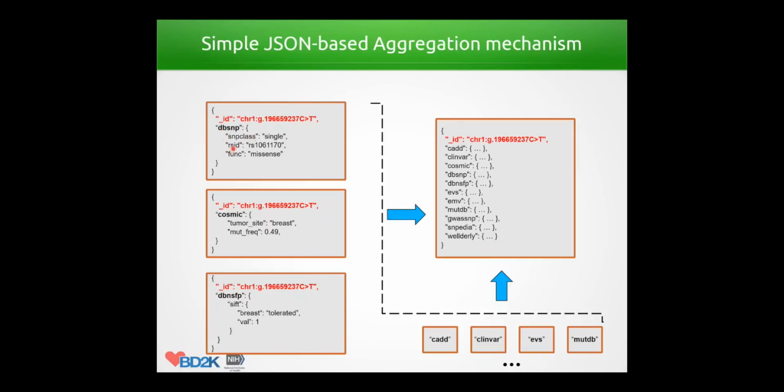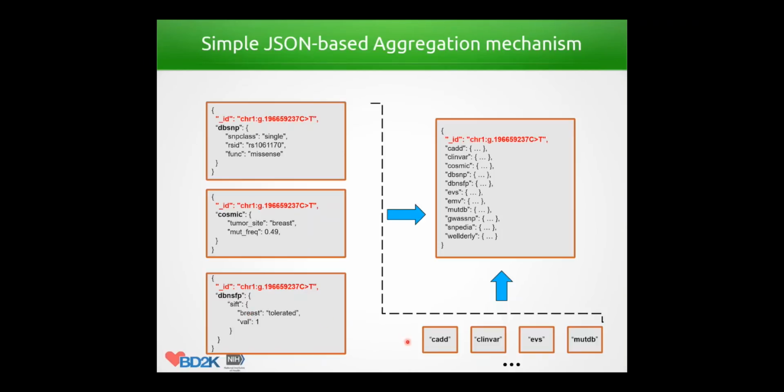So SNP, RSID, and function are all dbSNP specific and put into this structure. The same thing applies to COSMIC, like the tumor size, which is specific to COSMIC.